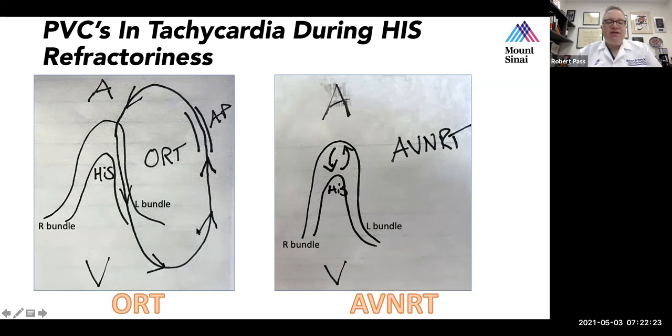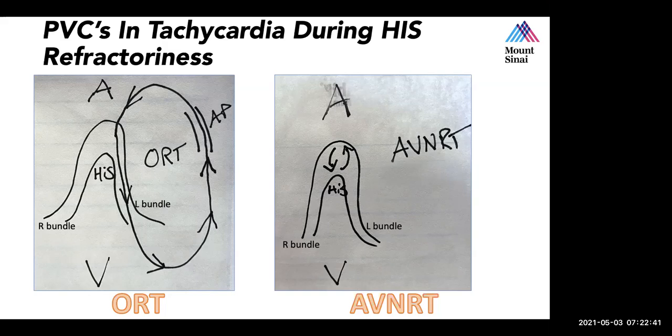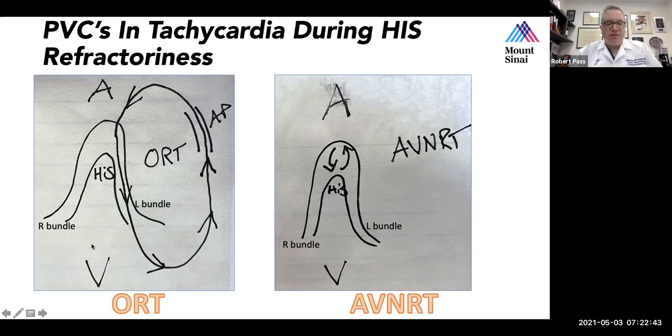So if that were the case, Sergey, when would the next A be? Would the A be on time? Would it be early if I put a PVC in at the moment that the His bundle fired in ORT? It's going to be early, exactly, because I will depolarize the ventricle.